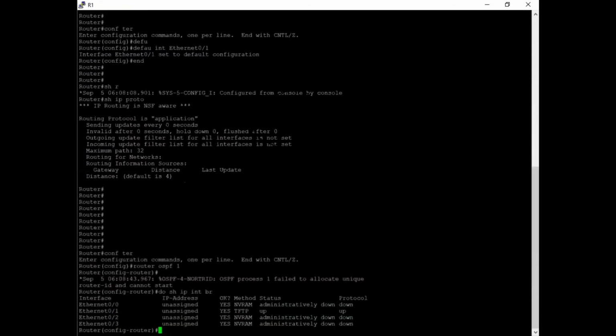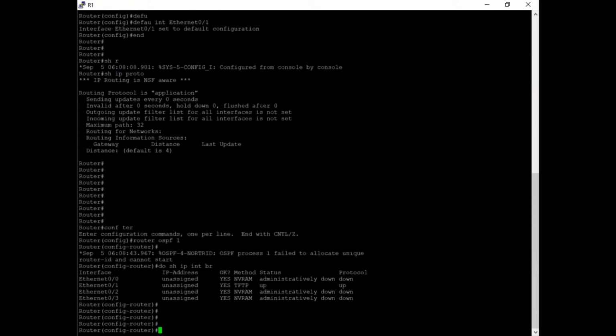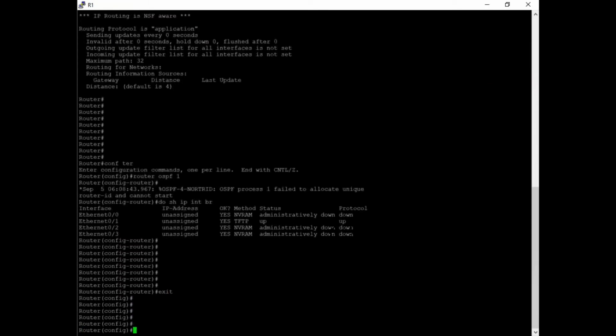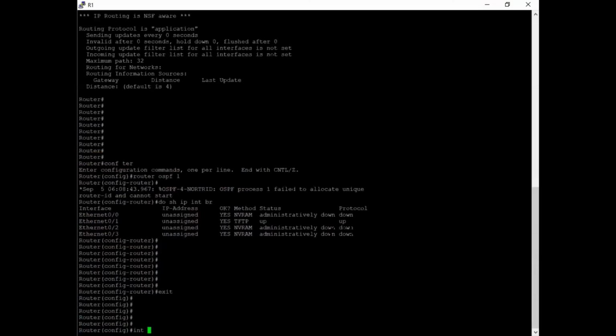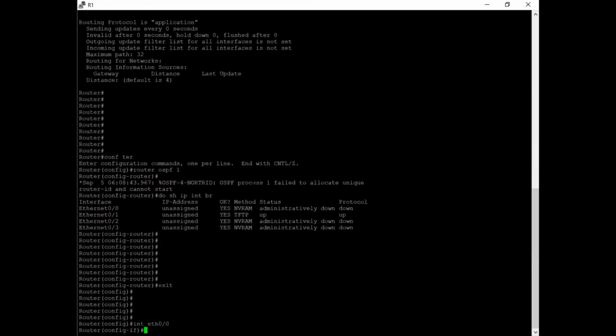Now I am configuring one of the interfaces. Where is my diagram? The network is 172.16.1.0 over Ethernet 0/0. Let me configure this. Ethernet 0/0, IP address 172.16.1.1 255.255.255.0.